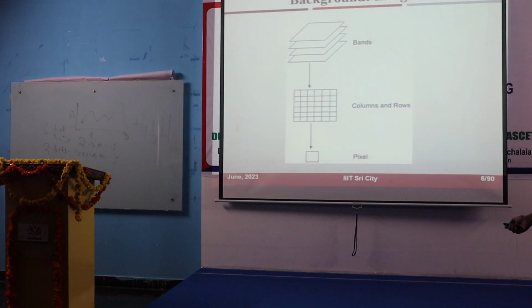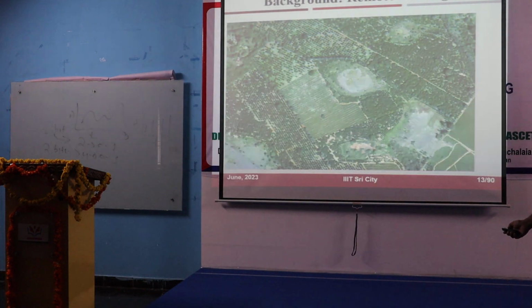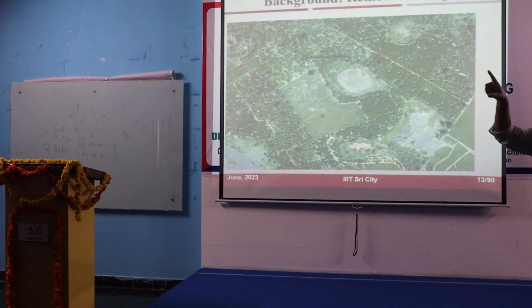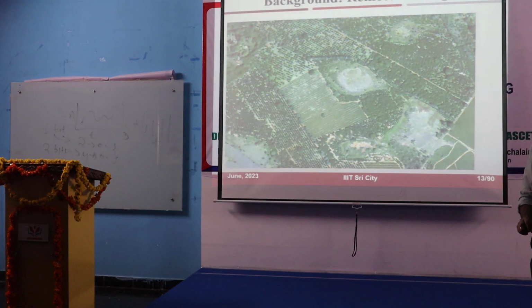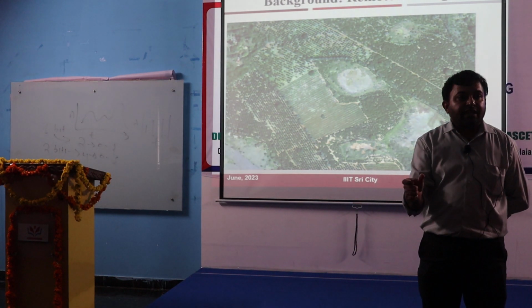So that said, you can have an image like this. This is a picture of Earth's surface, and each pixel denotes one area on the ground. Now there is another concept coming here, called the resolution of that satellite image.